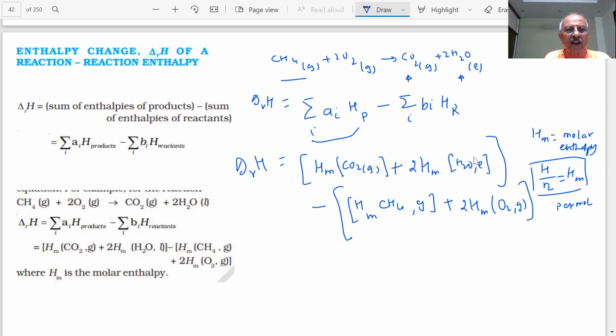This reaction is an example of combustion of methane. As you can see, CH4 is reacting with oxygen, forming carbon dioxide and water. In this way, we will be able to calculate the enthalpy change of the reaction. Since the reaction is done openly, this is the delta rH.